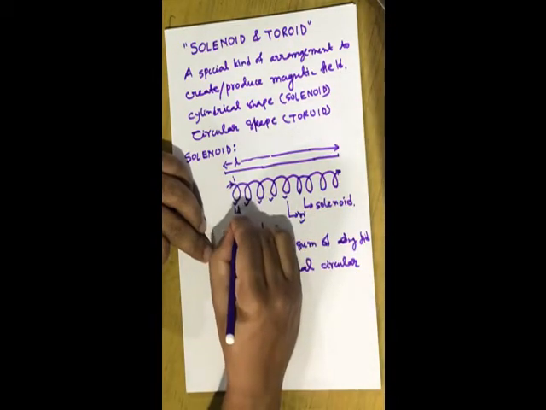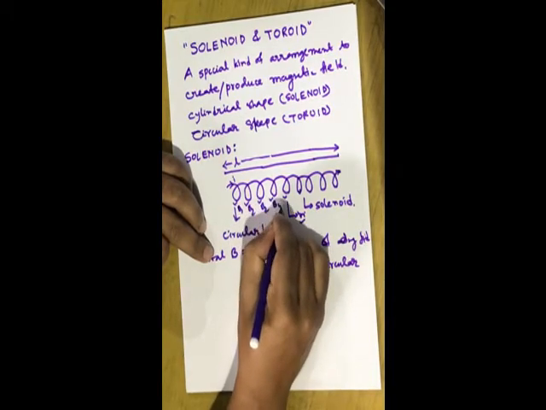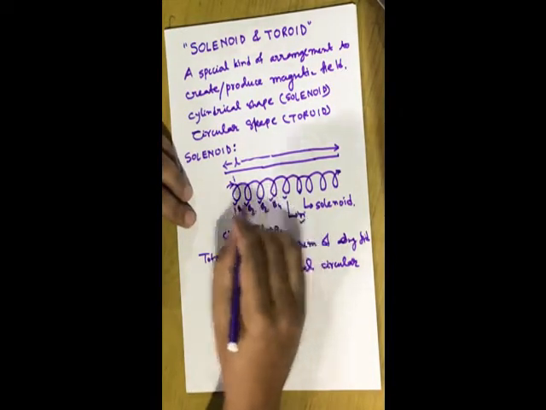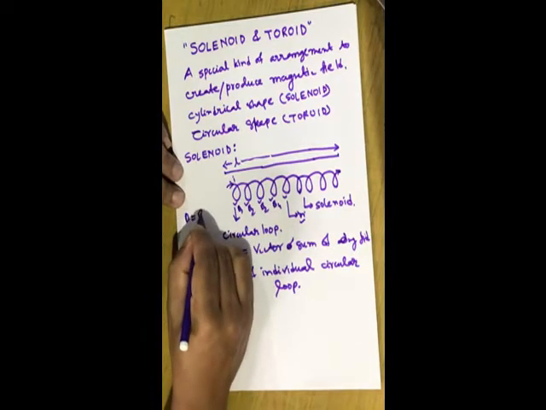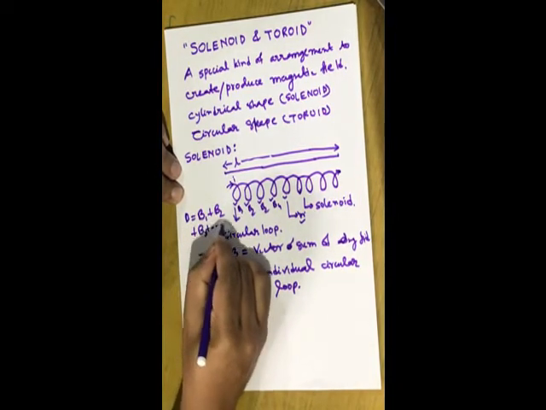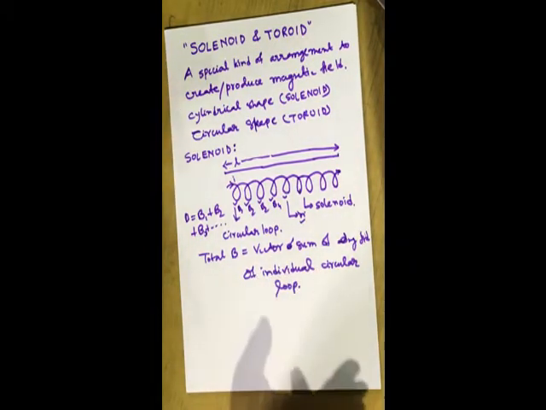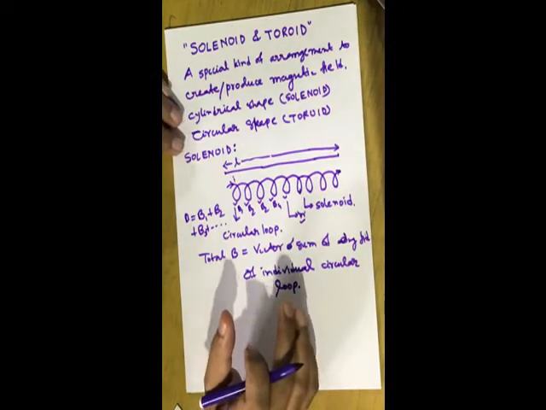Say this turn produces magnetic field B1, this turn B2, B3, B4, like that. So the net magnetic field will be the sum B1 plus B2 plus B3 plus dot dot dot. If there are n turns, then there are n magnetic fields. So basically we have to add up all these magnetic fields.